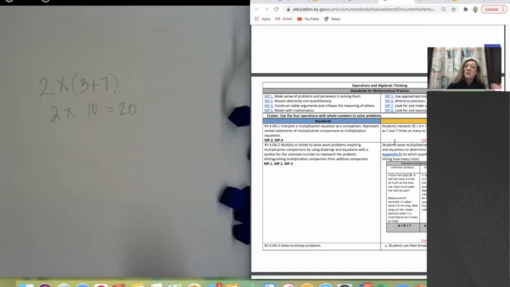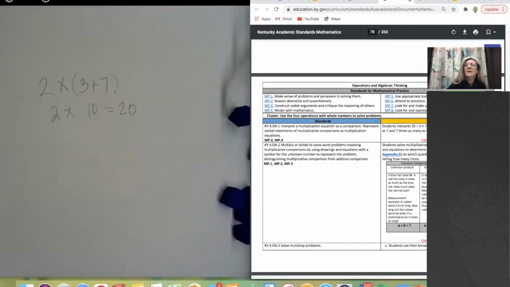And in some cases, it shows what was taught prior to it in that progression. So it shows the progression also. So this is a nice way to see where this standard is going. This standard will also be seen in 4th grade and also in the 5th grade. So it's building for them. So that is kystandards.org.